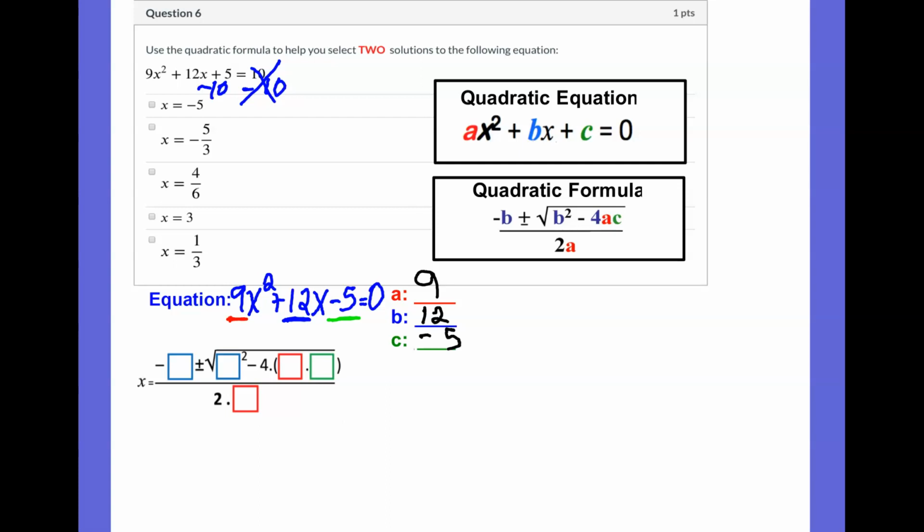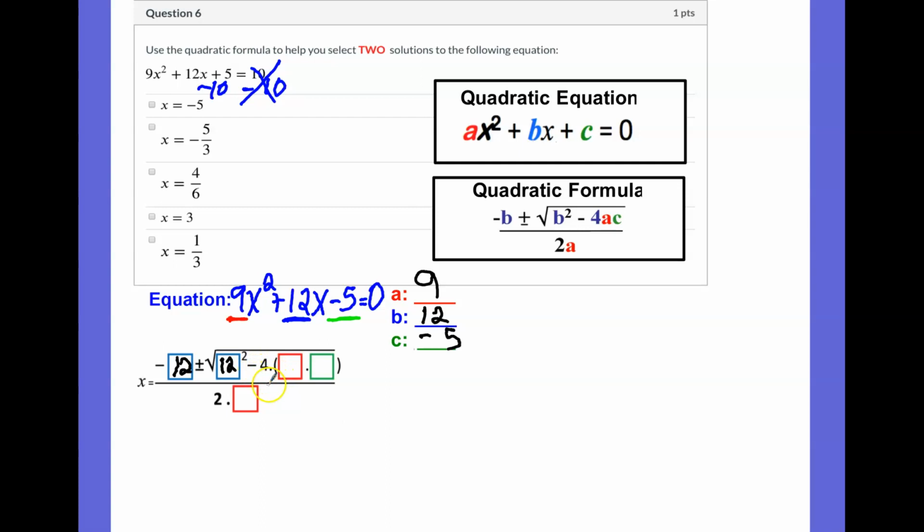Now I am going to put the values of A, B, and C in the quadratic formula. So -b, that's the opposite of B. B is 12, and B is 12.